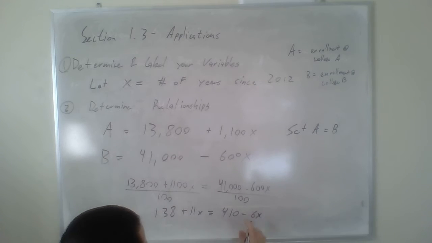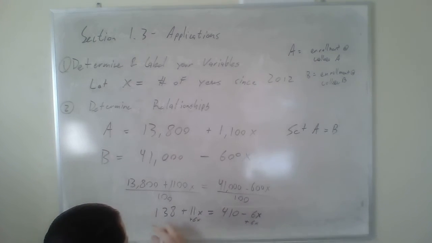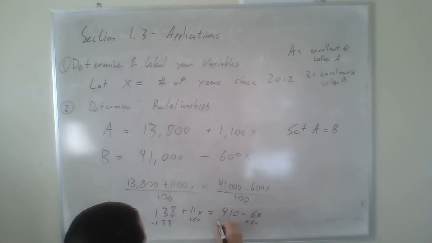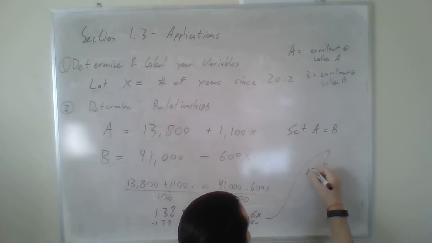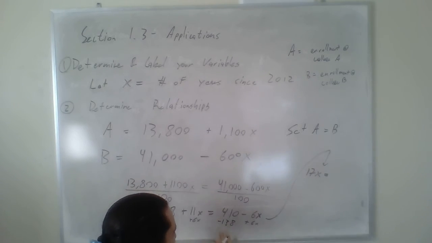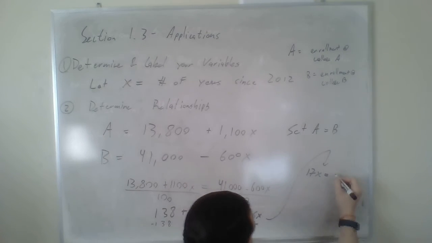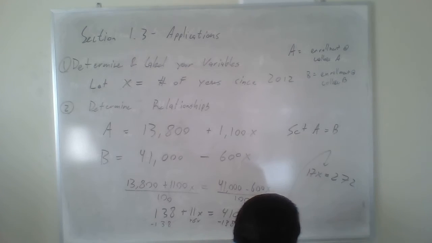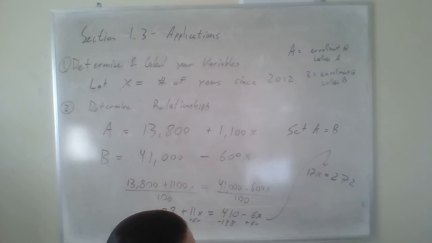So I will add 6x to both sides, and I will subtract 138 from both sides, and I will get 17x equals, what is that, 272? Probably something like that. Yeah, that looks right.